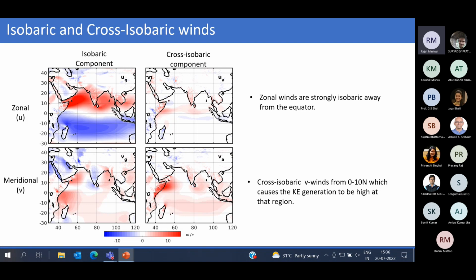We can see there is a lot of geostrophy prevailing above and below the equator, which is normal. And we also see that there is this special region just off the Eastern African coast where you have a lot of cross-isobaric meridional winds. We will see that this region is special in the coming few slides.